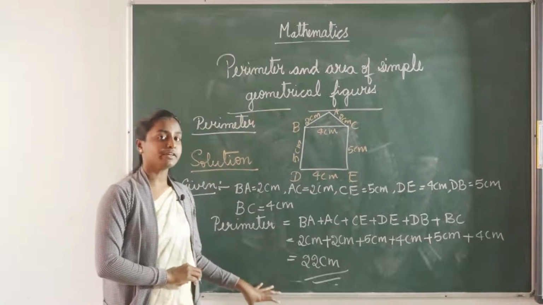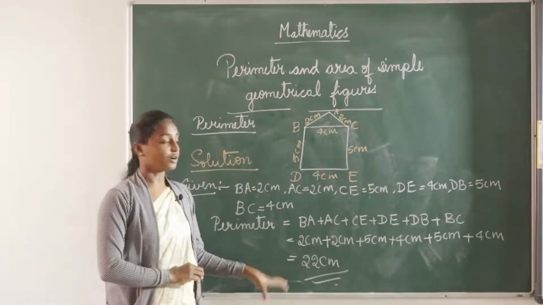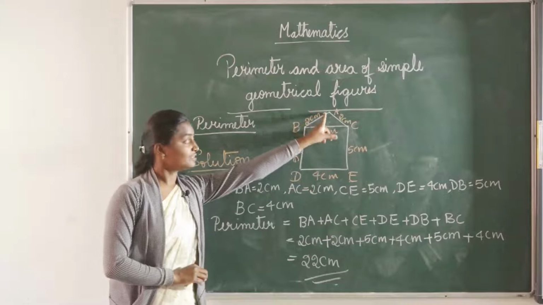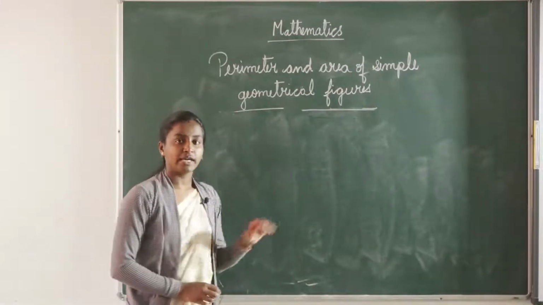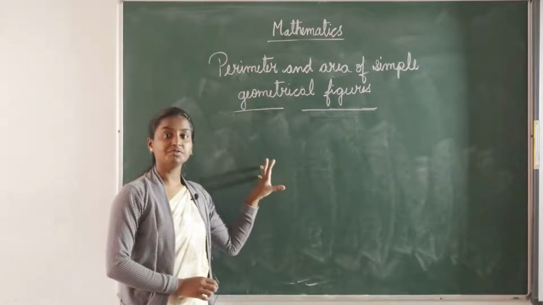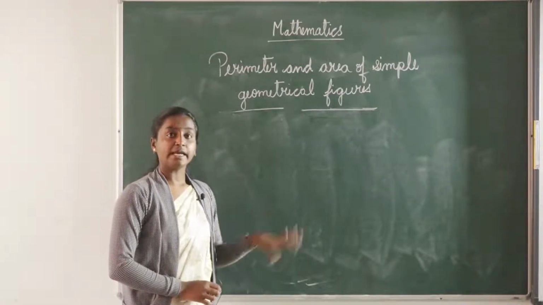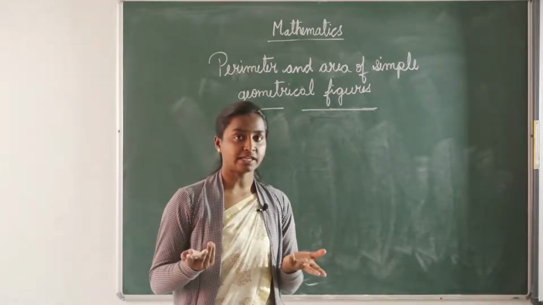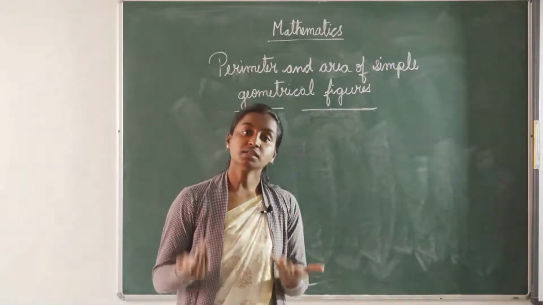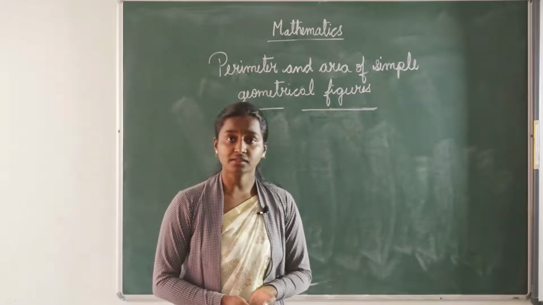So if they have given perimeter of each side of the figure, then we can easily find perimeter of the given figure. Okay. Now we learn how to find perimeter of a figure. If they have given only measurement of 2 sides and they are asking to find third side, then how to find that third side?